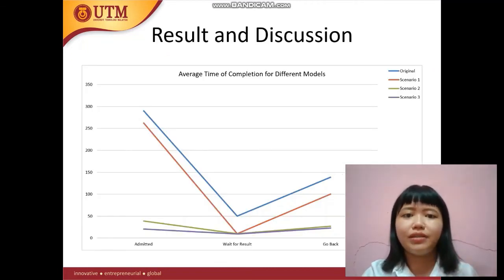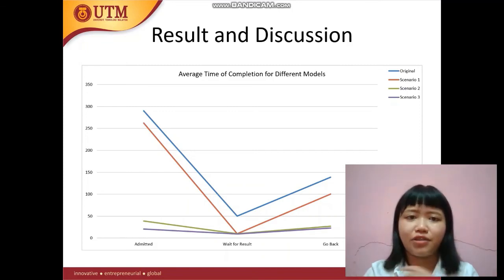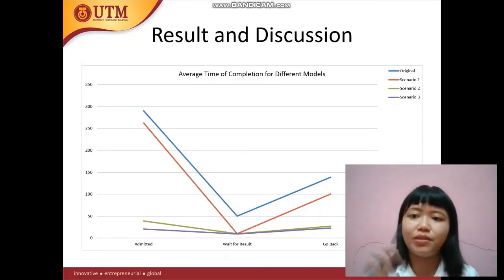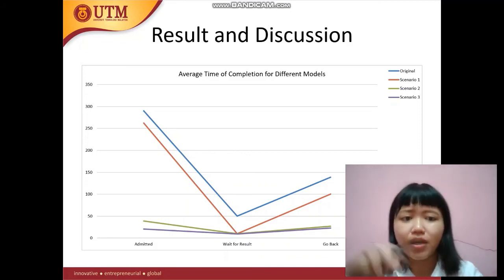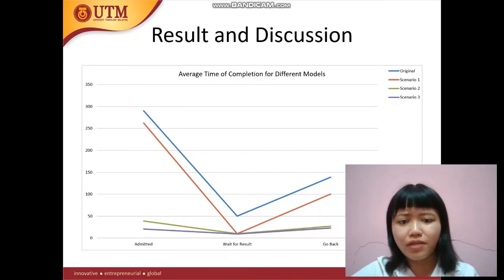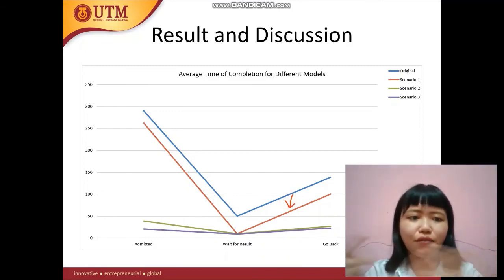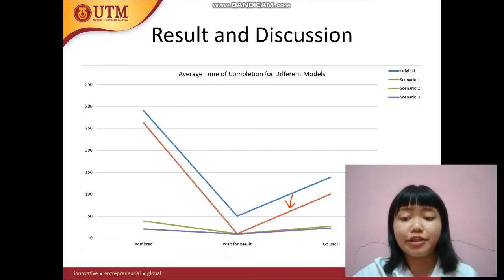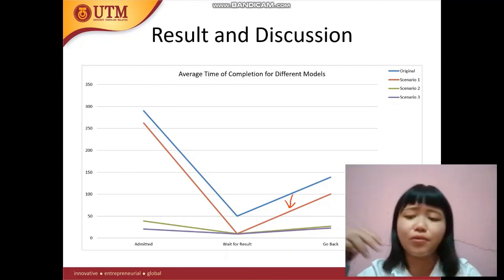This is the result and discussion for the average time of completion of 4 different models: original, scenario 1, scenario 2, and scenario 3. The red line is way below the blue line by around 50 minutes, because we added a new registration counter, which reduced the whole time.